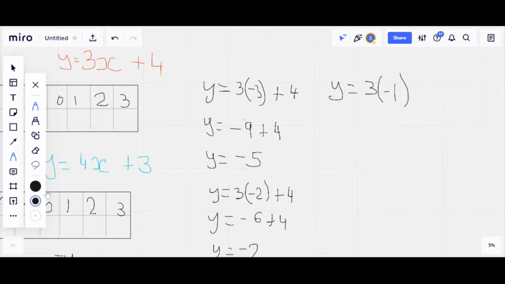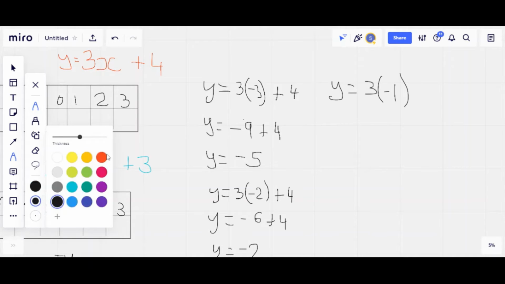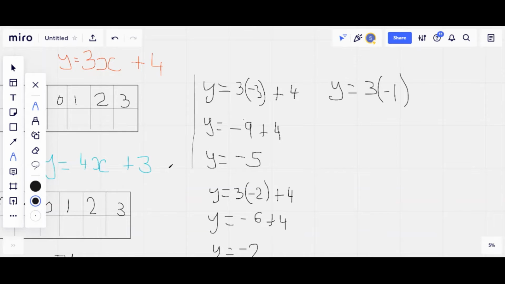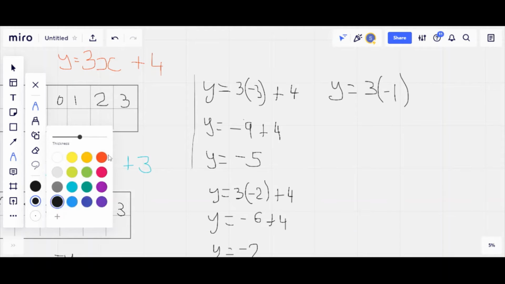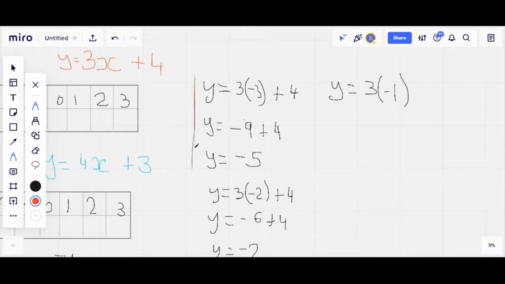So what I'm going to do, I'm just going to change the color here. And let's do a little box around those so we can see their different working out. Let's go back here. y equals 3 multiplied by -1 plus 4.